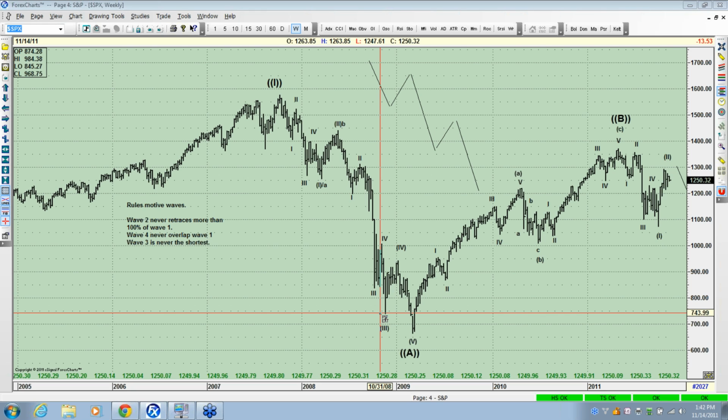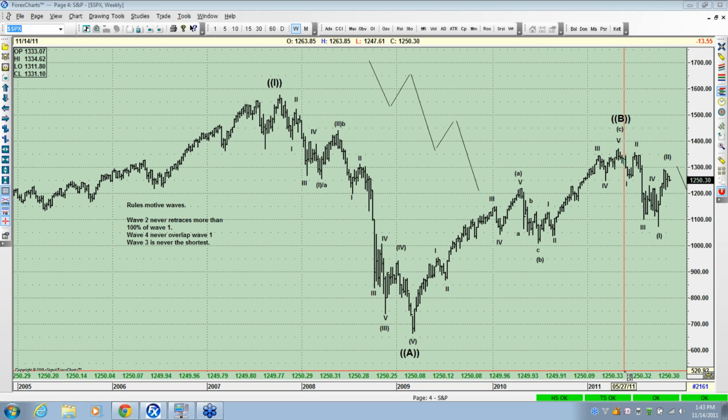Your wave 5, most of the time, ends at the 1.618 of the distance traveled by wave 1. That's how it goes. Most of the time, you only get one extended wave within the 3 waves.